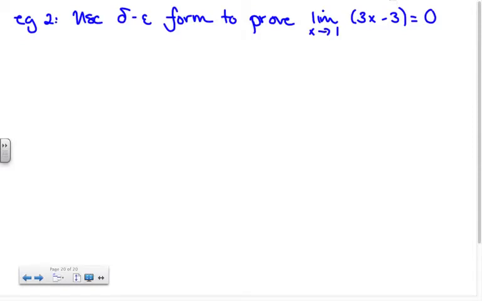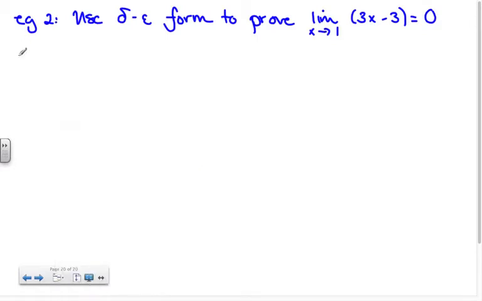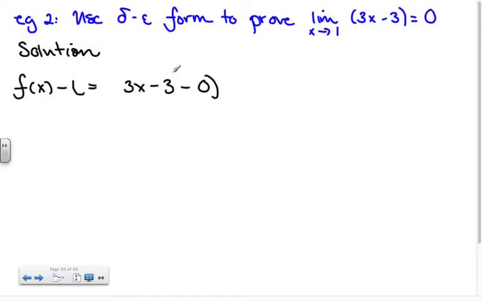So we'll use the delta epsilon form of this to show it. And once again, our solution is, of course, to firstly define my f of x minus L. So this will be the absolute value of 3x minus 3 minus 0, which is equal to the absolute value of 3x minus 3.